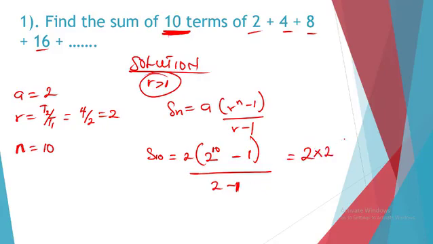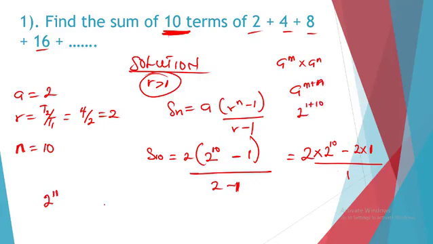This is equal to 2 times 2 raised to the power 10, minus 2 times 1, all over 1. Then we'll have 2 raised to the power 11 by the law of indices: if we have a raised to the power m times a raised to the power n, since the bases are the same, we pick one of the bases and add the powers. So we have 2 raised to the power 1 plus 10, which gives 2 raised to the power 11.